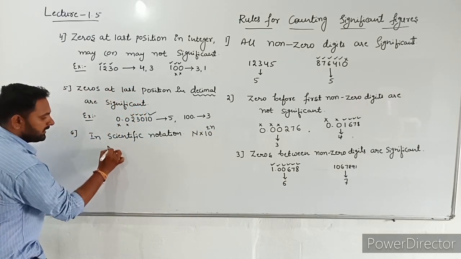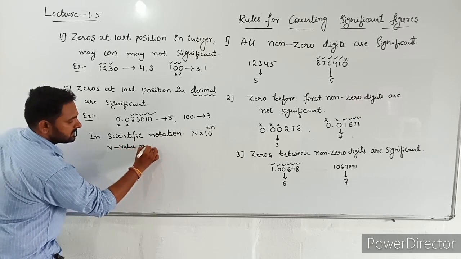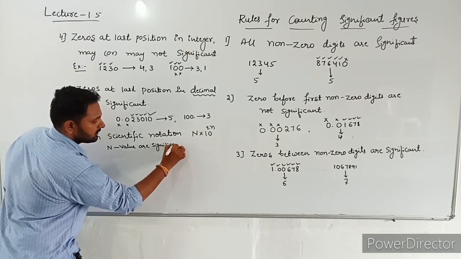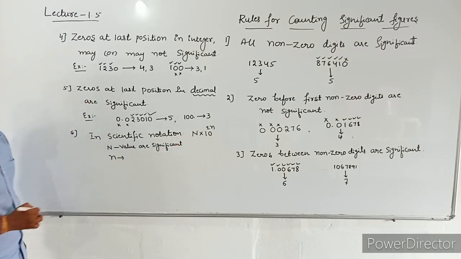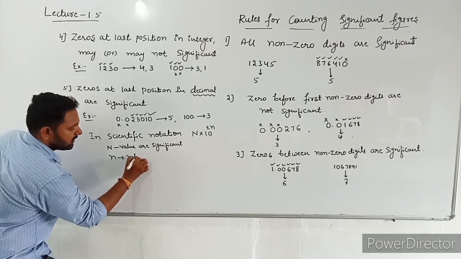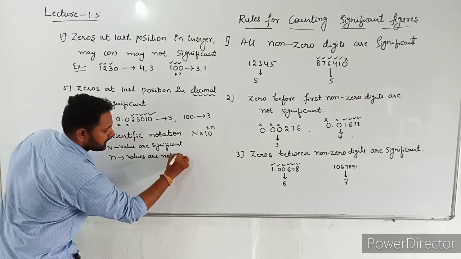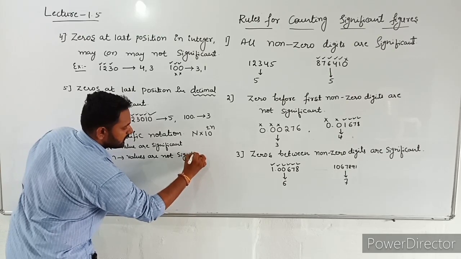Here the capital N values are significant. Small n means what? Exponent values. The small n values are not significant.